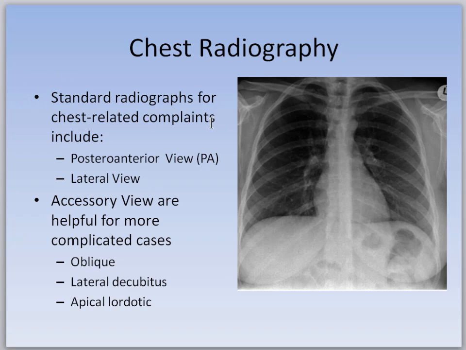Let's see, standard radiographs for chest-related complaints include an A to P, or actually not an A to P, a posterior to anterior. We do these backwards, posterior to anterior film and a lateral film. These are standard. There's some accessory views that you will learn about in oblique, lateral decubitus, apical lordotic, which is particularly good for looking at the apices of the lungs up here.